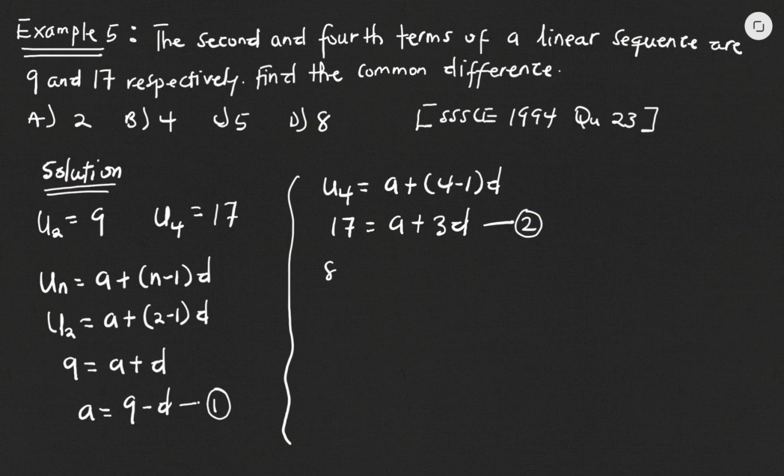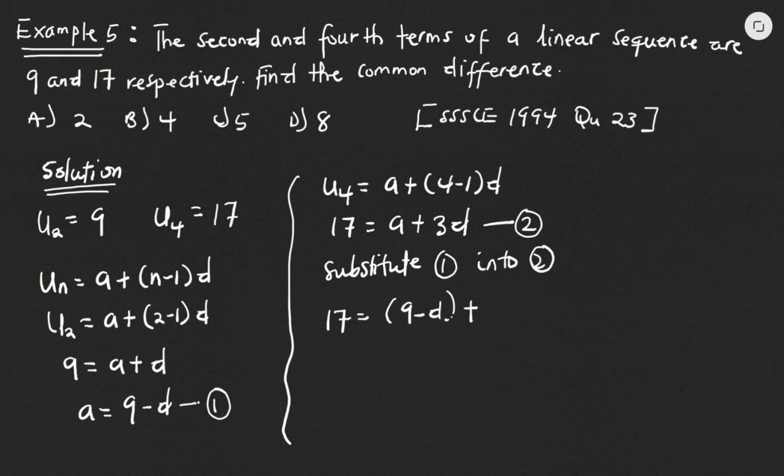So I substitute equation 1 into equation 2. I get 17 is equal to the a, which becomes the equation 1. So I have 9 minus d, then plus 3d over here. So I have 17 is equal to 9 minus d plus 3d.